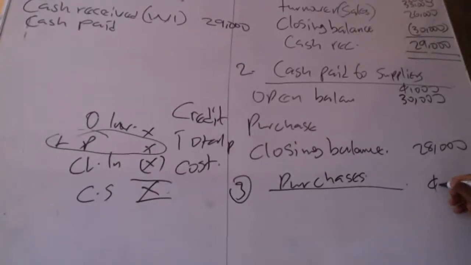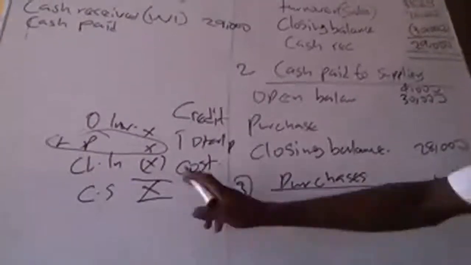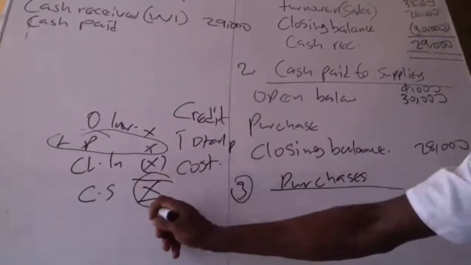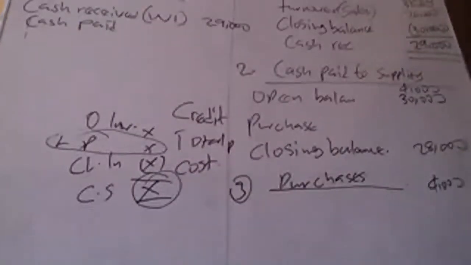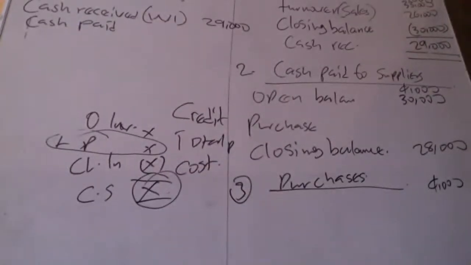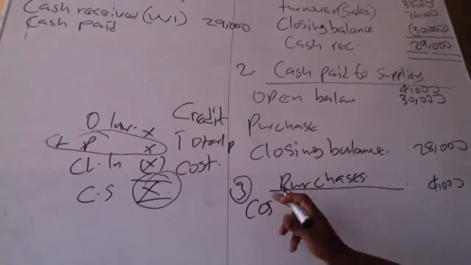You can go by saying, okay, if I should reverse all of them, I'll pick the cost of sales and reverse all the transactions which have been entered in. I'll get the purchases if I should reverse everything. So it will be the cost of sales.